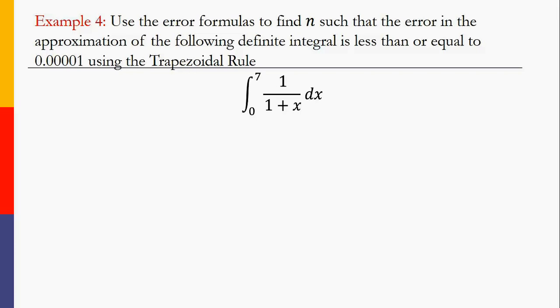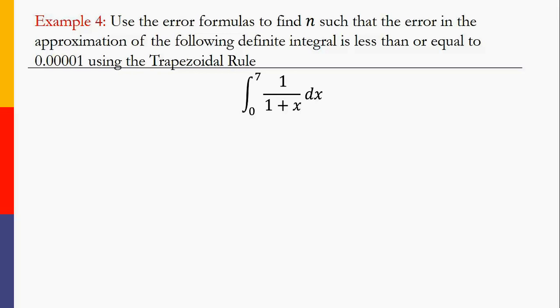In this case, we want to find the value of n such that the error in the approximation of the integral from 0 to 7 of 1 over 1 plus x dx is less than or equal to 0.00001 using the trapezoidal rule.